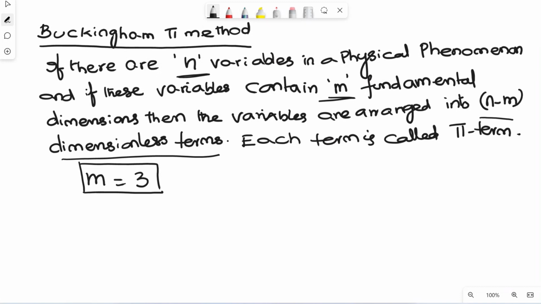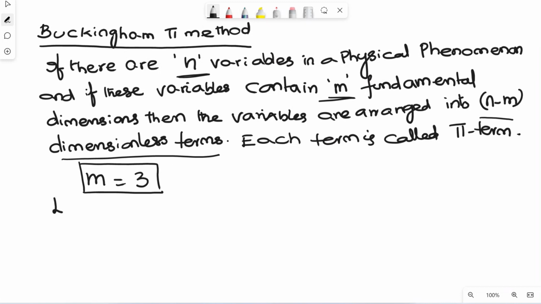For example, if there are 6 variables in a problem, dependent and independent variables put together, and these contain mass, length, and time, then the variables are arranged into n minus m, 6 minus 3, dimensionless terms. That means there will be 3 pi terms: pi 1, pi 2, pi 3. That is what the statement of the Buckingham pi theorem says.